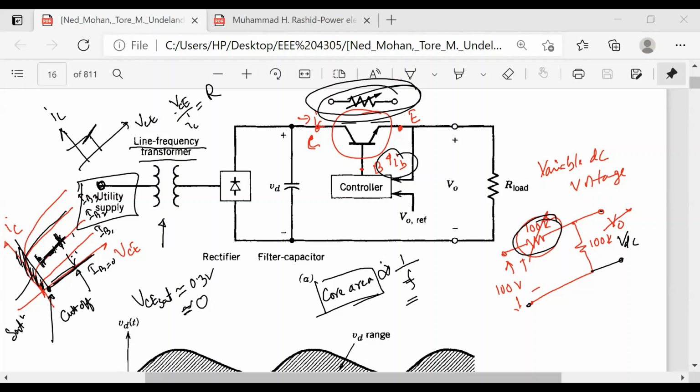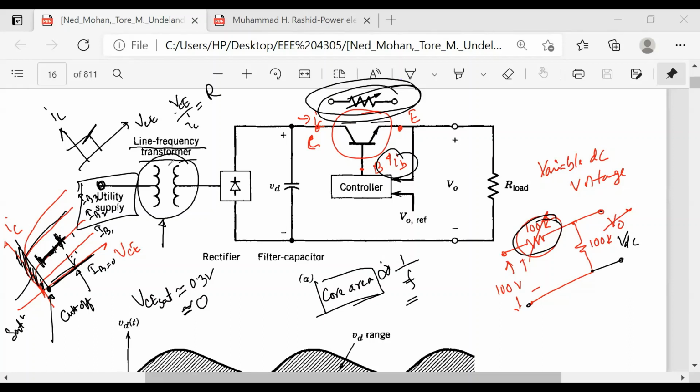So there will be heat loss, efficiency will be low, and we need a very big transformer to step down the voltage here. The transformer cost will be high, and also the system will be bulky.